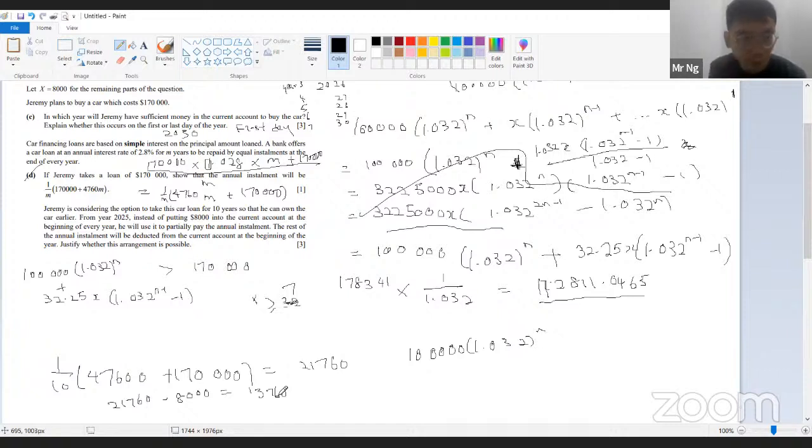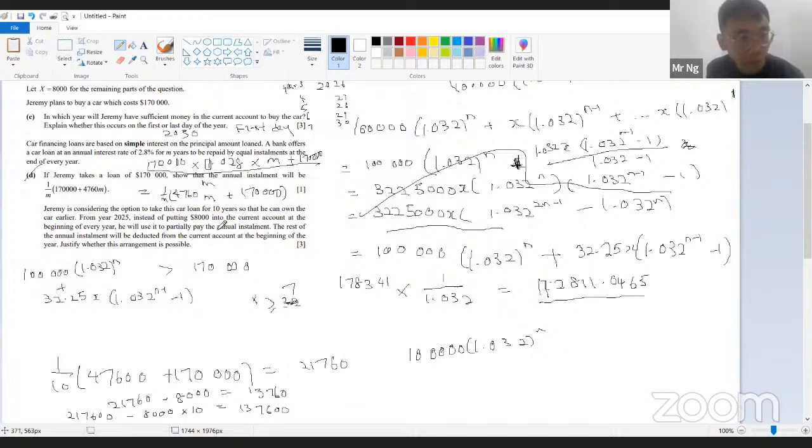Then the total he owes is 217,600. Then he pays only this amount for the whole of 10 years, it will be this amount.